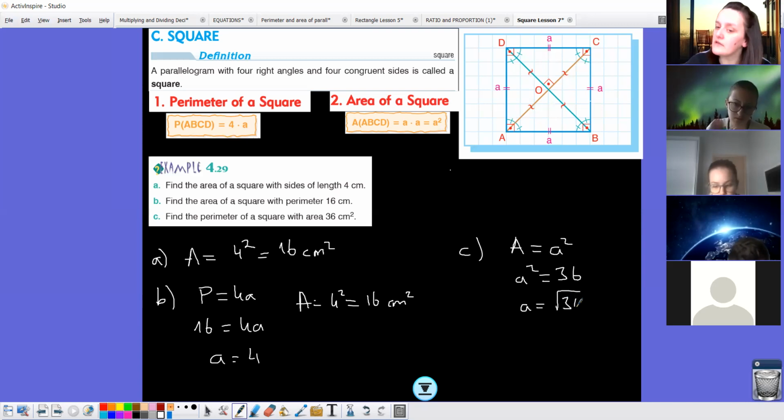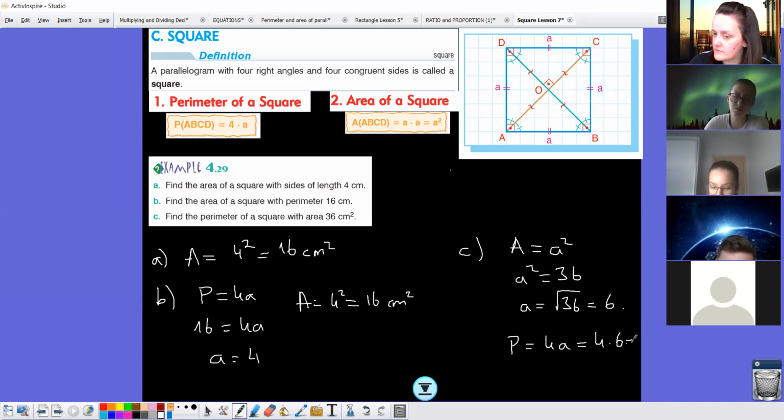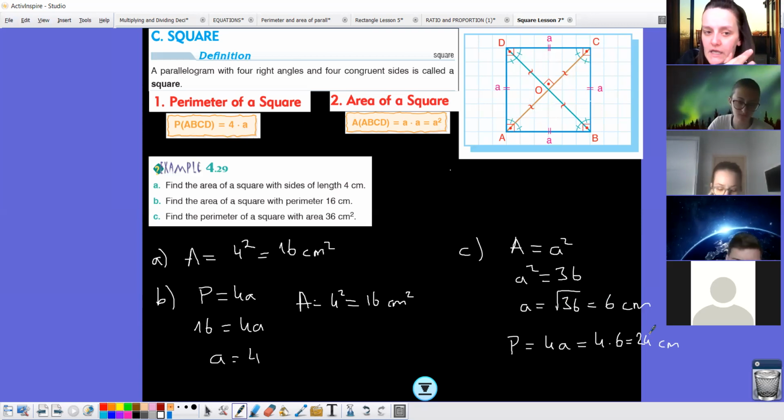If we know the side, can we find the perimeter? Yes, 4 times A, which is 24. So it will be 24 centimeters. These are easy questions for squares.